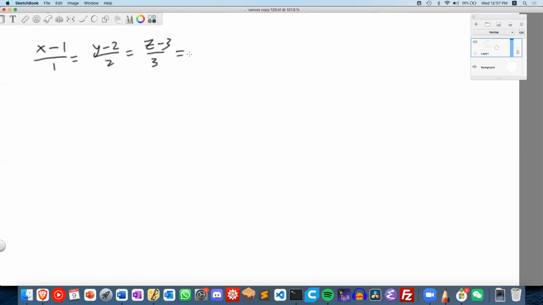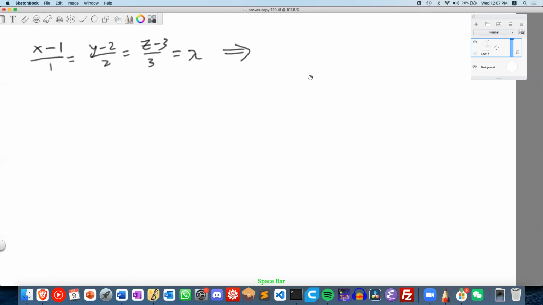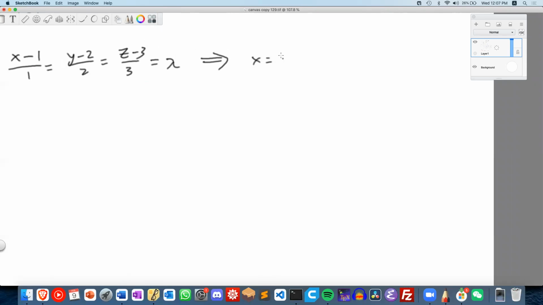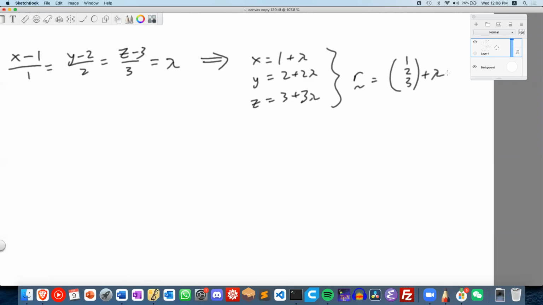How do we convert it into a vector equation? We set it equal to lambda, and then this will give us x equals 1 plus lambda, y equals 2 plus 2 lambda, z equals 3 plus 3 lambda. And this will give us r equals 1, 2, 3 plus lambda 1, 2, 3.